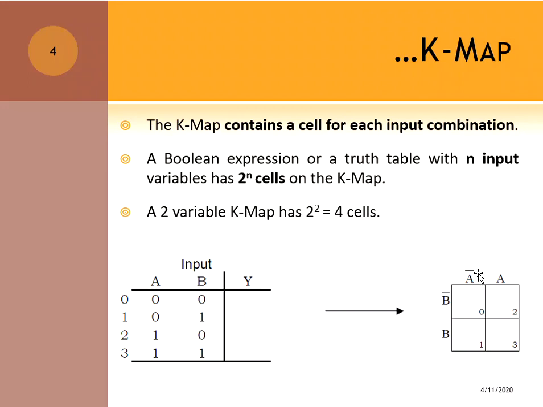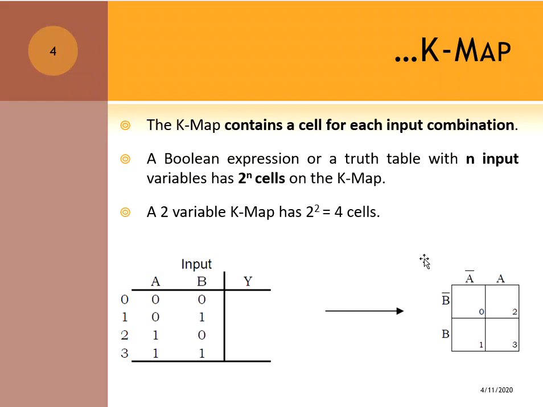So the number of cells should be the same as your possible outputs. So if you have 4 outputs, you are going to have 4 cells in your K-map. So this is known as 2-variable K-map. Why 2-variable? Because you have A and B.